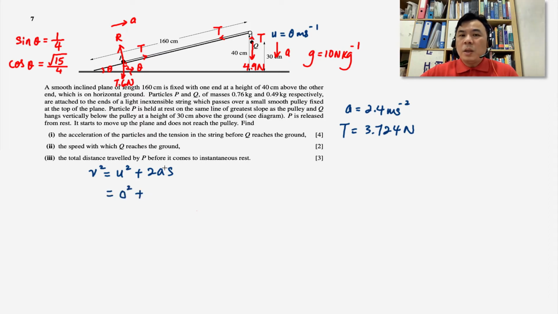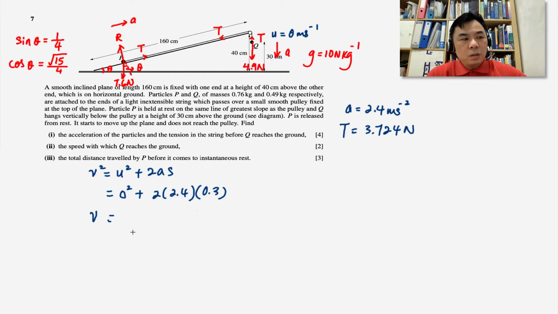The acceleration here is 2.4, and the distance it needs to travel from the start until it reaches the ground is 30 centimeter. But do bear in mind, if you want your answer in meter per second, you want to convert the unit from centimeter to meter, 0.3 here. And then we are good to go.